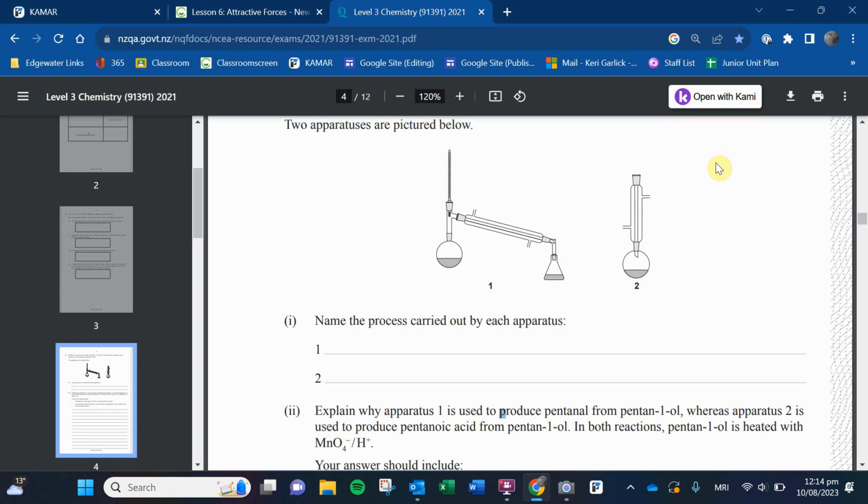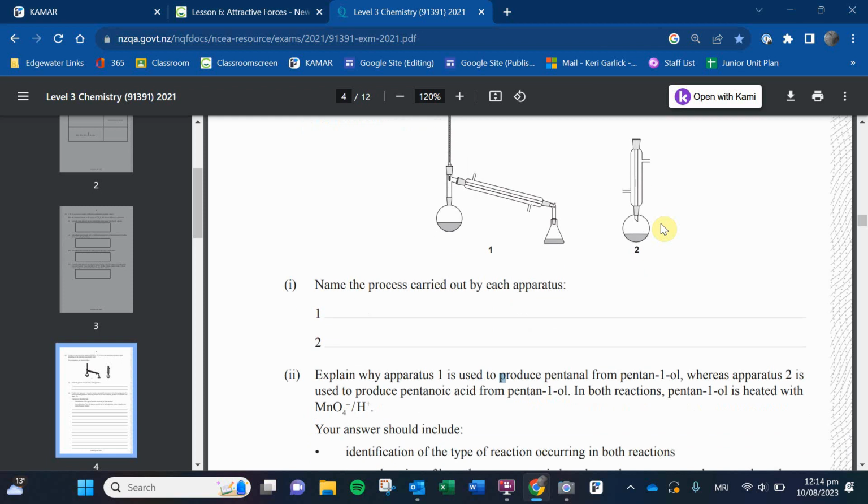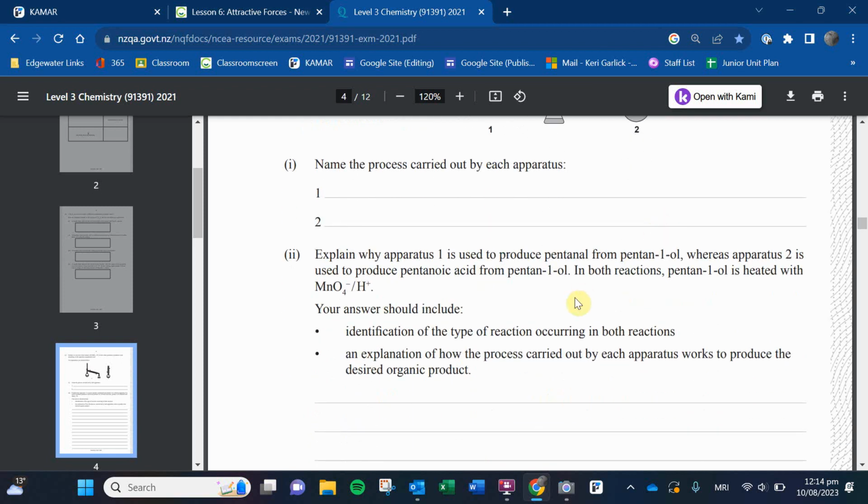And so for this question, they want you to answer, like, what is the name of this apparatus? That's distillation. This one's reflux. And the second part of the question, they were asking you, why would you use apparatus 1 to make the aldehyde and apparatus 2 to make the carboxylic acid? So again, just like I was talking about, refluxing versus trying to remove the aldehyde to prevent the second step.